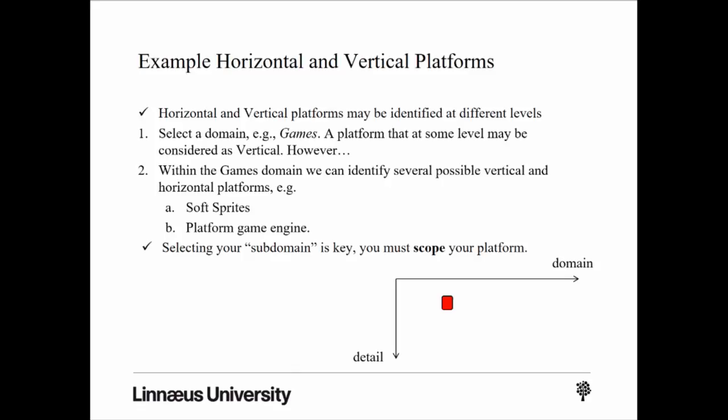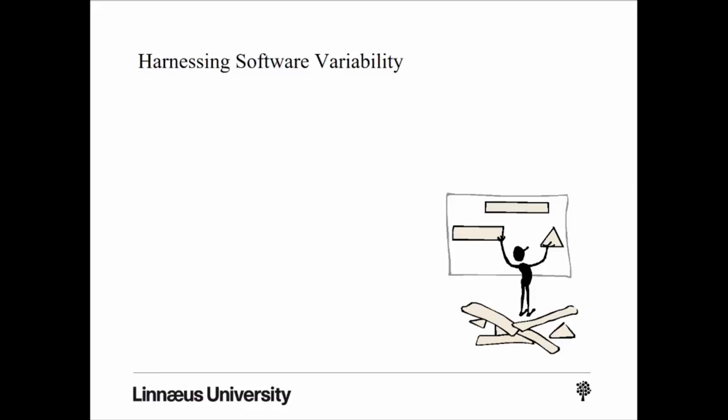That's where you develop your software. Because what's important here is that you need to harness, you need to get control of the software variability. Because if you can't control this, it will be very difficult for you to come up with a classification of the right abstractions.